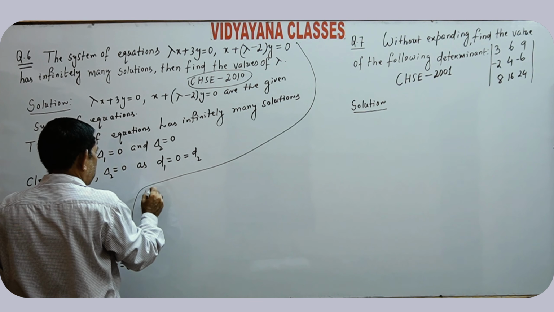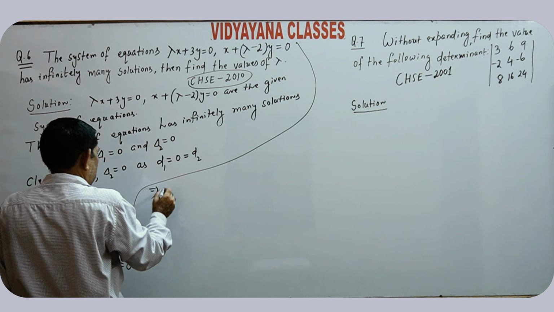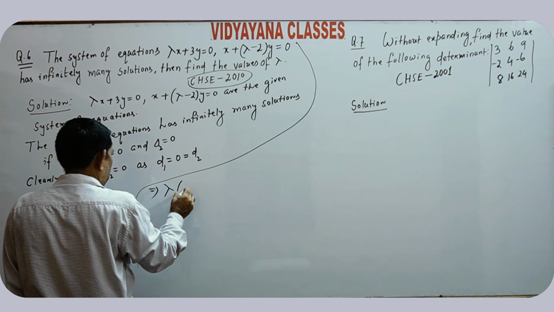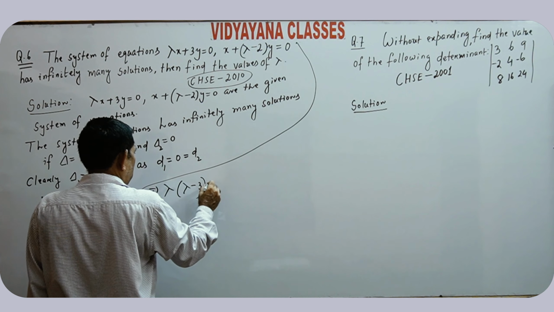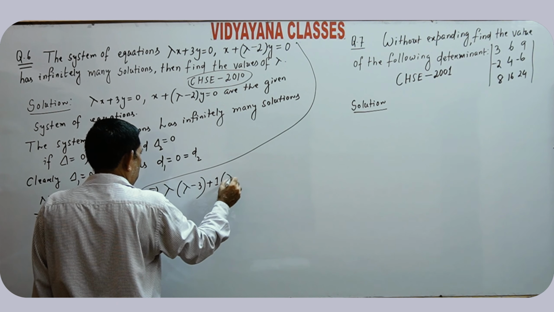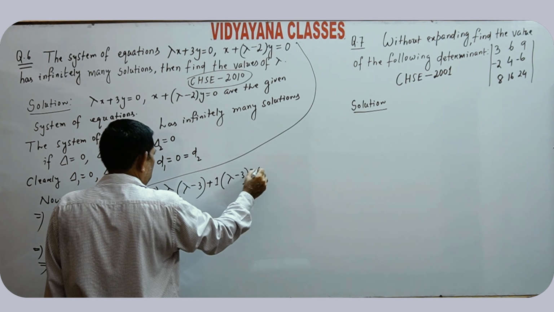Which implies lambda into lambda minus 3 plus 1 into lambda minus 3 is equal to 0.